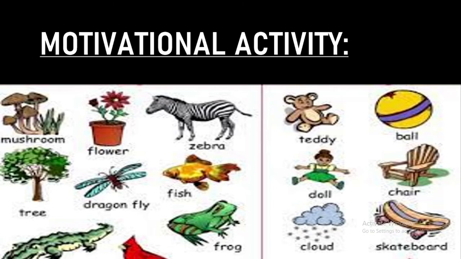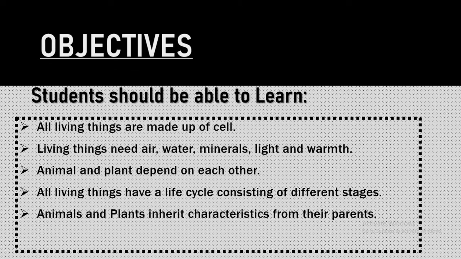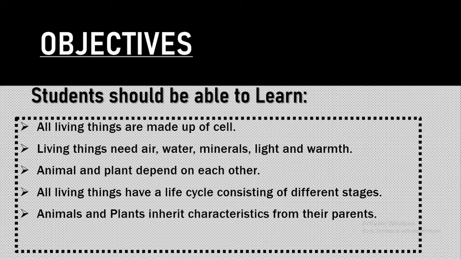The 7 characteristics explain the differences between living things and non-living things. But before explaining these 7 characteristics, I'm going to share the objectives of this unit. By the end of the unit, you should be able to learn, inshallah, that all living things are made up of cells.